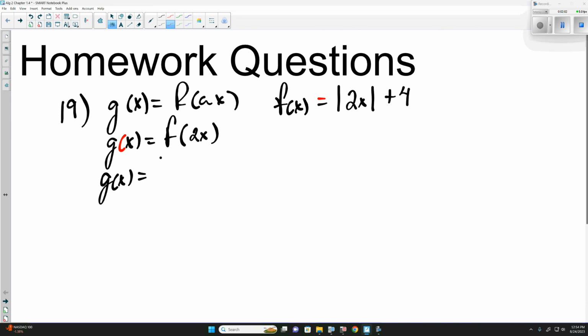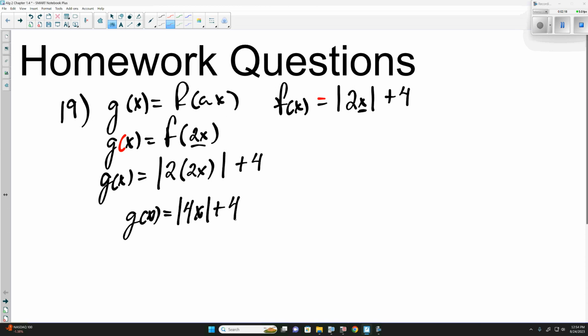And again, at this point, we're going to plug in 2x in every place that there is an x. Now we do need to multiply those two together, which would give us... Somehow I got 5.